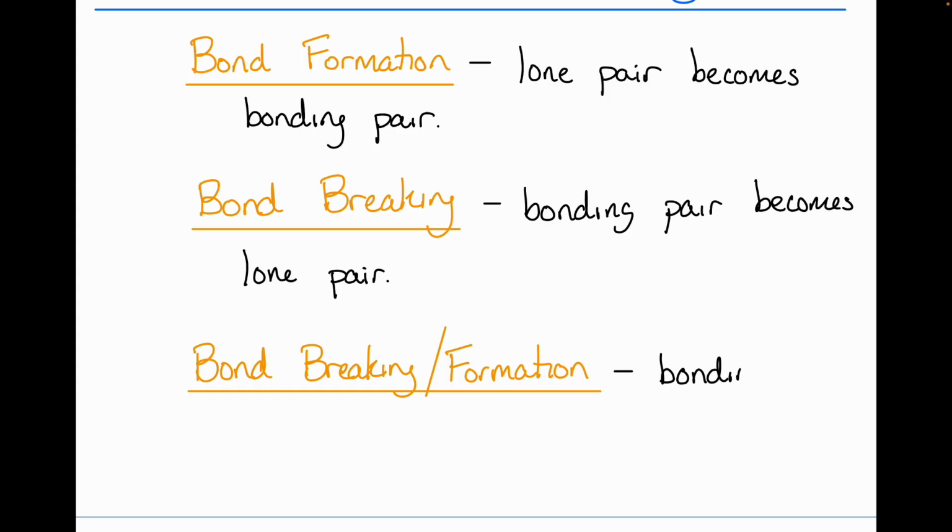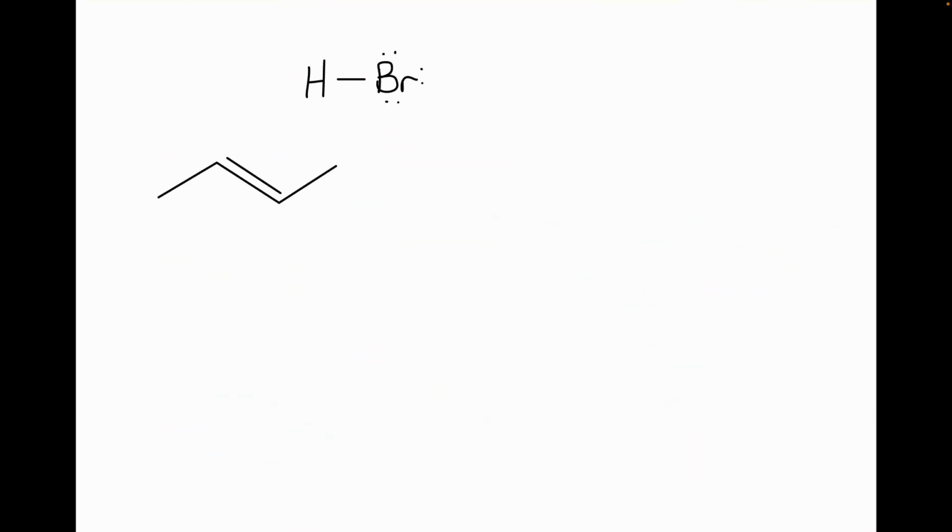Okay, this is where we have a bonding pair of electrons that becomes a new bonding pair. So a bond jumps from one pair of atoms to a new pair of atoms.